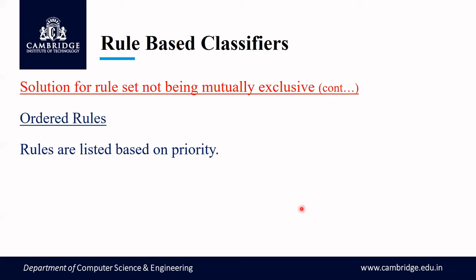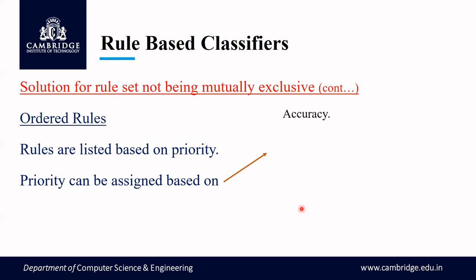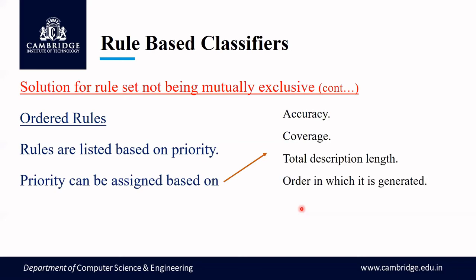When I say priority, how am I going to consider priority? Priority can be assigned based on the accuracy, or based on the coverage, or based on the total description length, or based on the order in which it is generated. These are the measures that I consider to identify the priority.